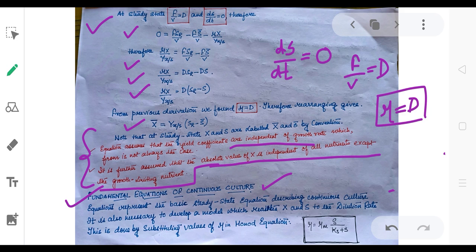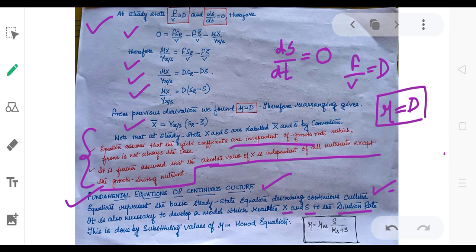The equation represents the basic steady-state equation describing continuous culture. It is also necessary to develop a model which relates x, S and your dilution rate, because this is what we are trying to establish: dilution rate and x, dilution rate and substrate.